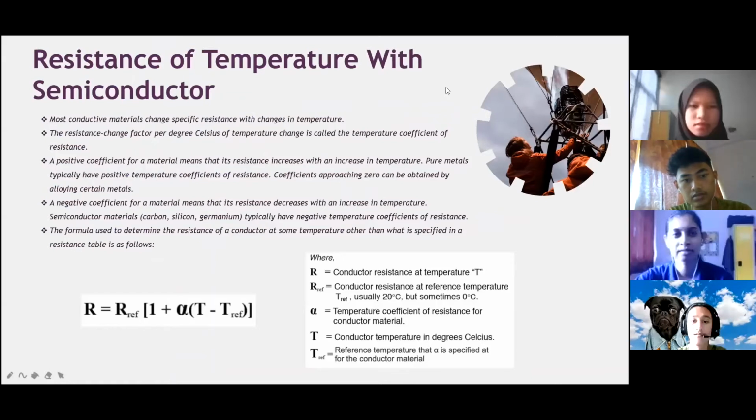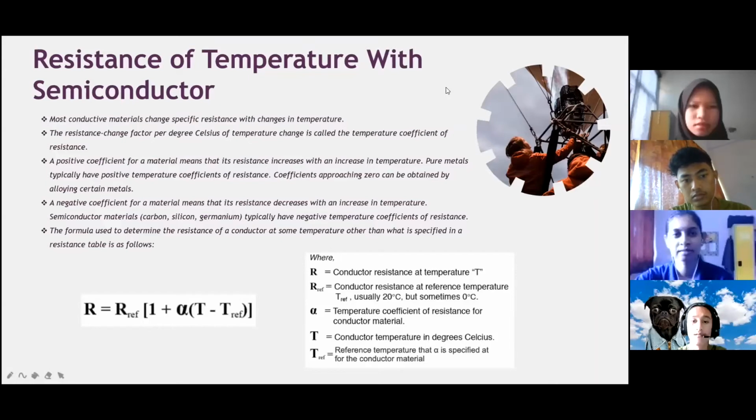The resistance change factor per degree Celsius of temperature change is called the temperature coefficient of resistance. A positive coefficient for a material means that its resistance increases with an increase in temperature. Pure metals typically have a positive temperature coefficient of resistance.